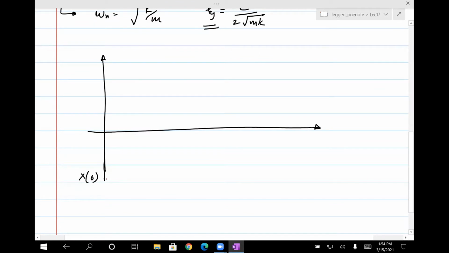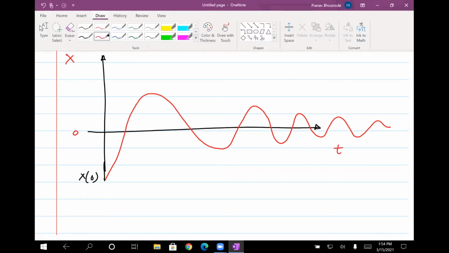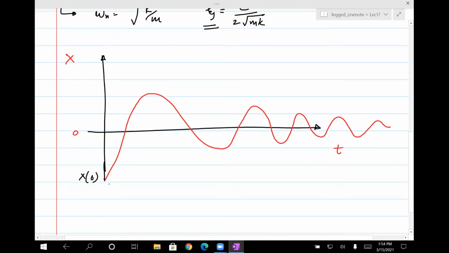One response is it will overshoot and keep doing this till it dies off to 0. This is 0, by the way. This is x(t). The second type of response is it's not going to overshoot, but it's going to be something like this.